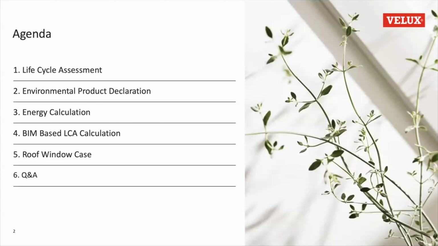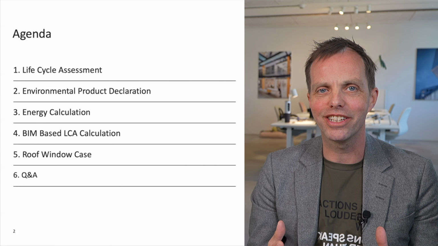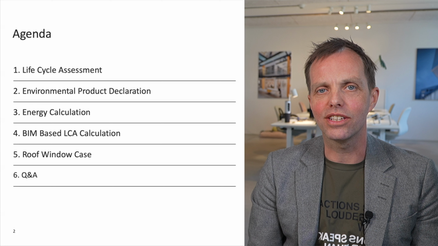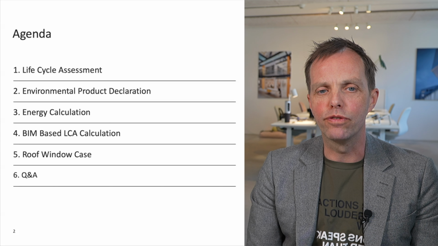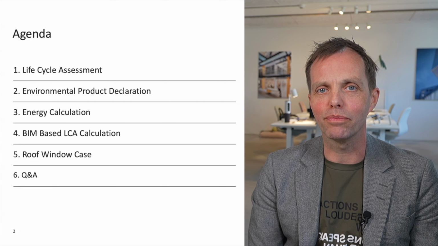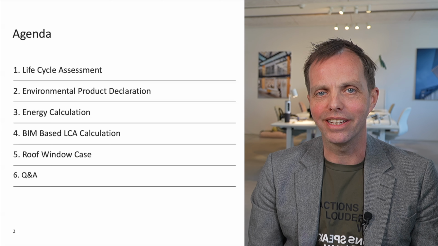The agenda of the day: first is an introduction to LCA in general, a little bit about how the rules are for complying with building codes, mainly across the EU. Then we have something about environmental product declarations, the EPDs in short, and they tell how big the climate impact from products is. Then we move to energy calculation, because the climate impact from emissions from energy sources is also a big part of LCA and must be taken into account.